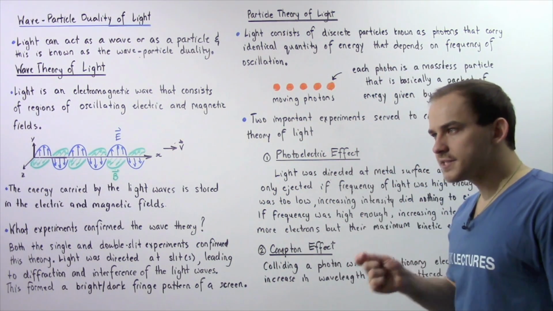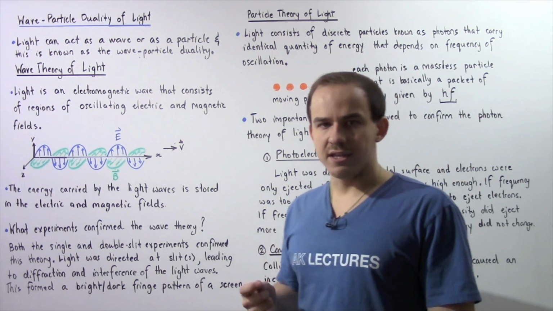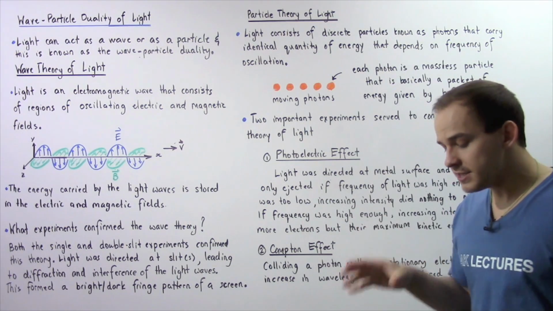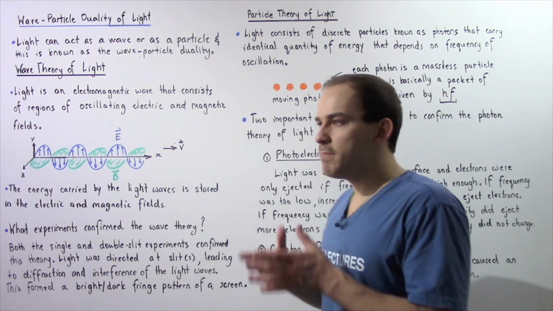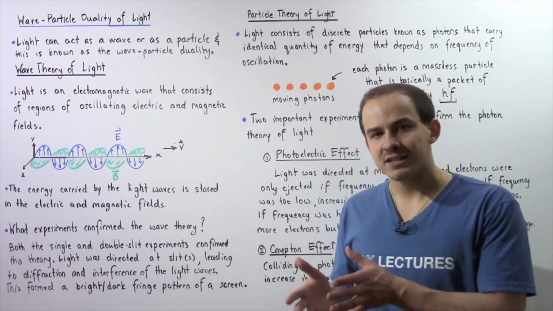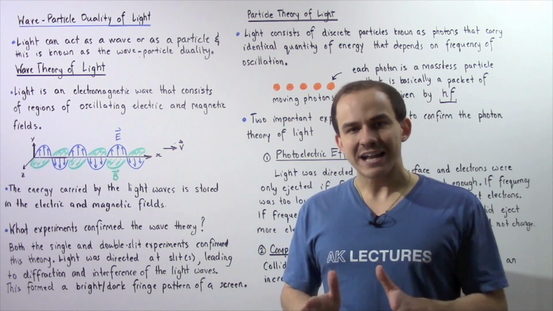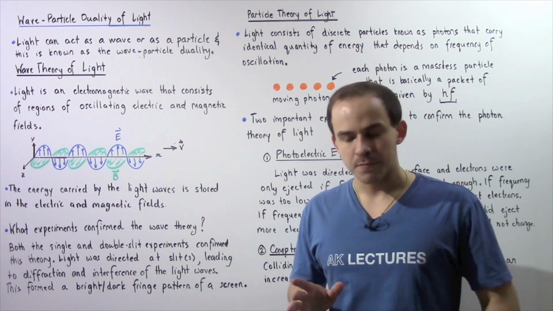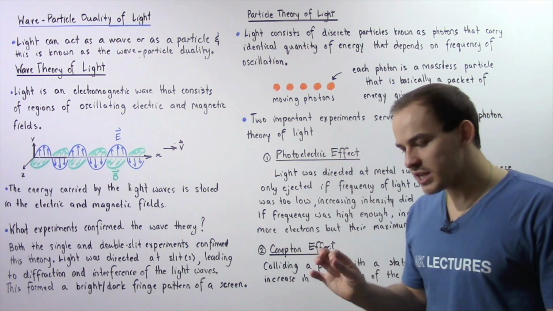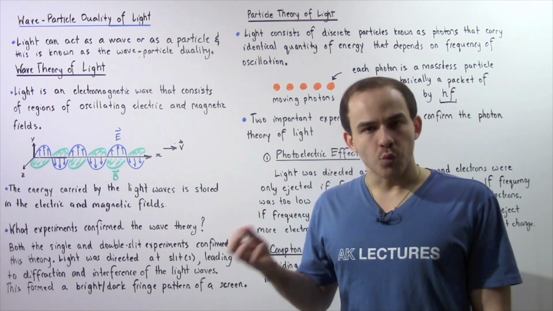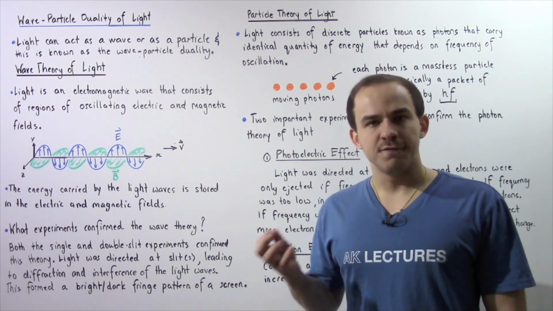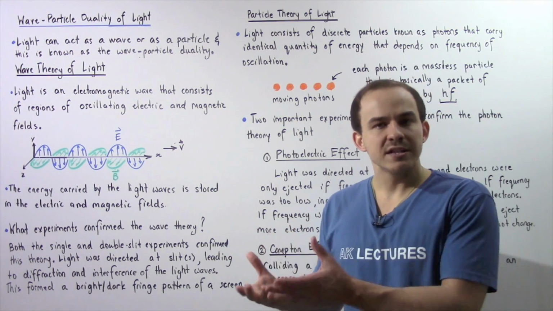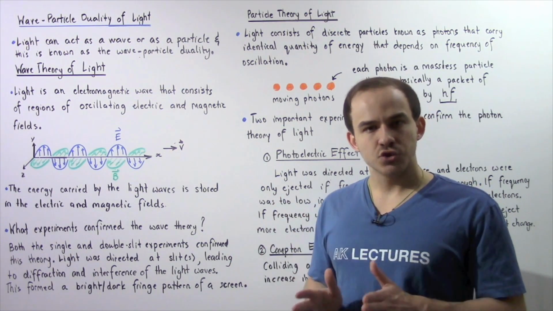Now, the second experiment that basically validated the photon theory of light was the Compton effect. In this experiment, photons basically collided and interacted with stationary electrons, and scattering of those photons took place. Now, the scattered photon had a larger wavelength than the incident photon, and that basically meant that some of the energy was transferred to those electrons.